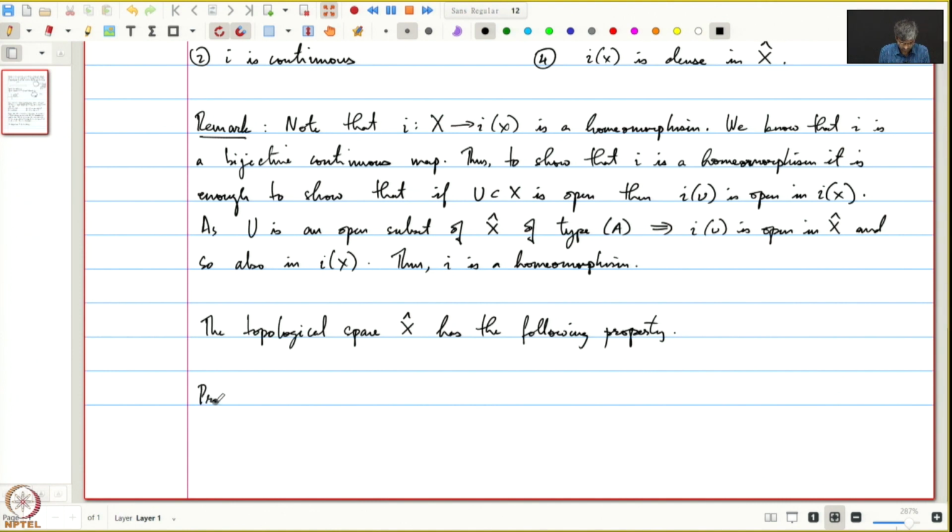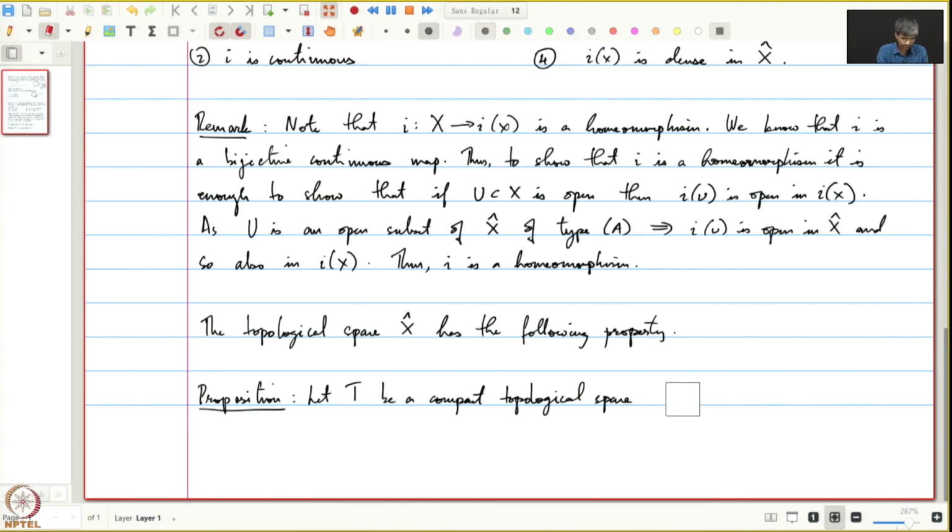Okay, proposition: let T be a compact topological space which contains X as an open subset.